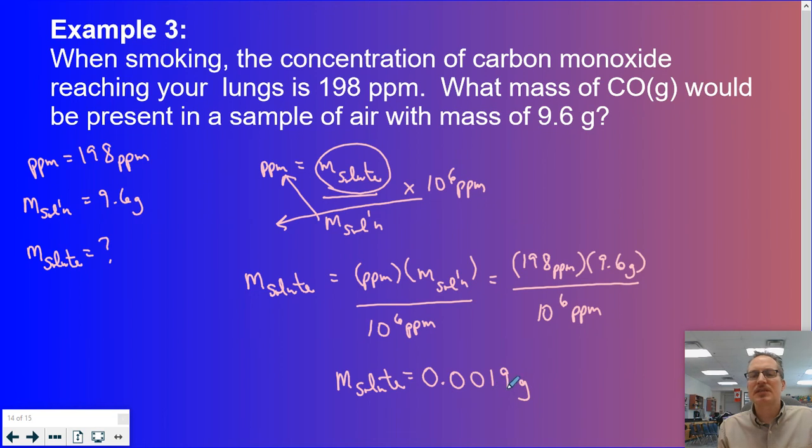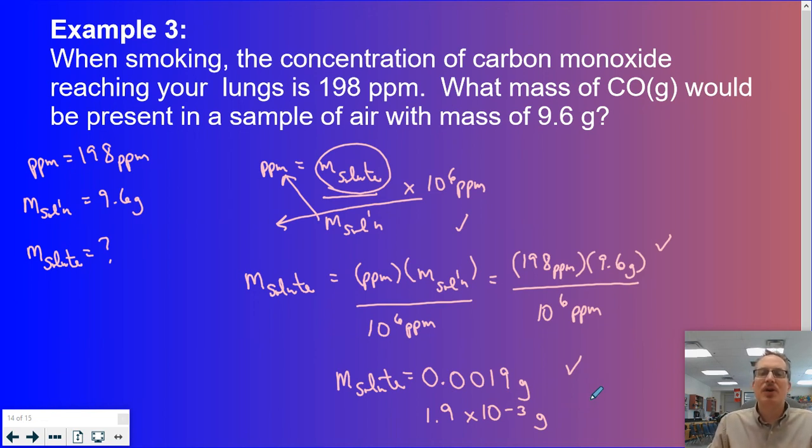So 2 sig digs, very small number. Again, marks for your original formula and the moved around one, marks for your substitution with units, and marks for your answer in units in correct sig digs. Again, if you wanted to put this in scientific notation, you could write 1.9 times 10 to the negative 3 grams, and that is also correct.